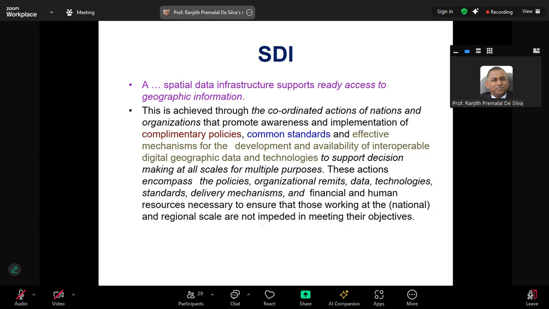Therefore, it is very important to look at and learn from others who have done it, get their experience and apply it. In fact, we have been promoting this spatial data infrastructure since 1999. In the government, we worked at different levels before 2015, after the civil war was over. We started working strongly to have a proper NSDI for spatial data in Sri Lanka.